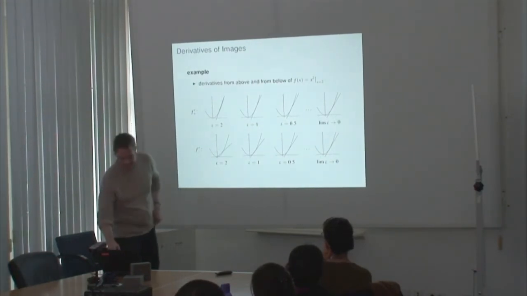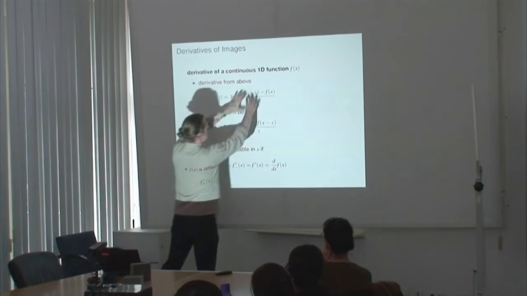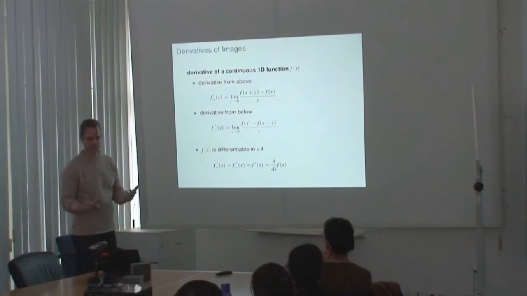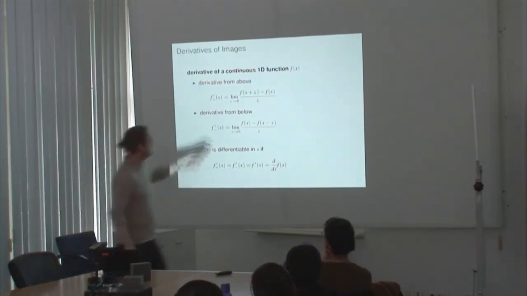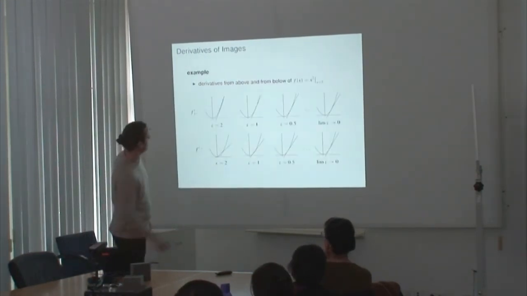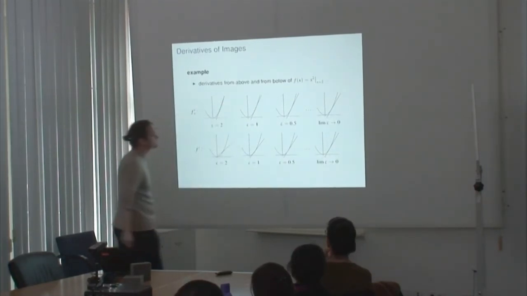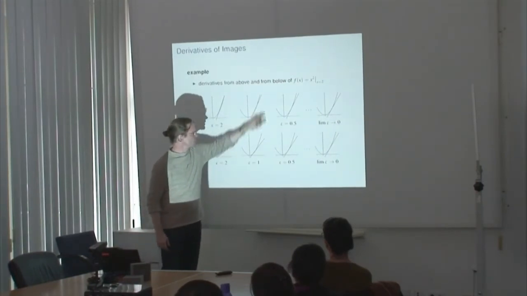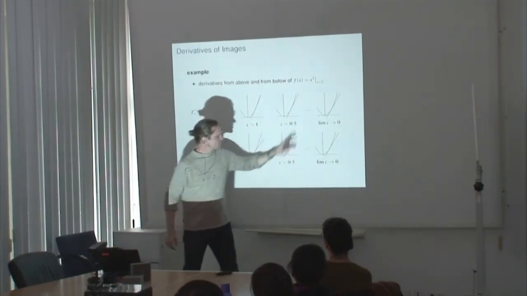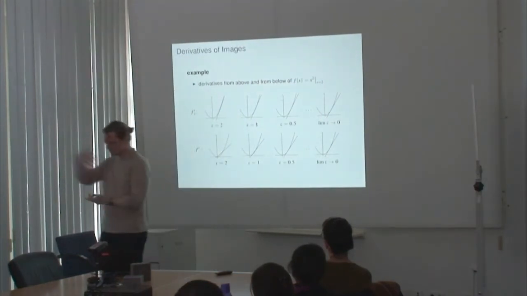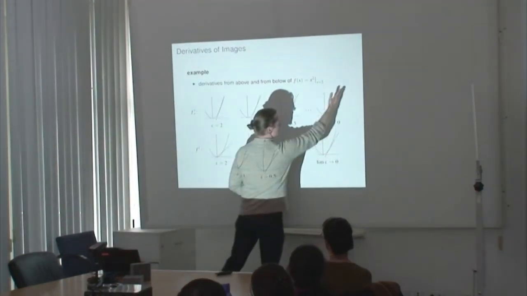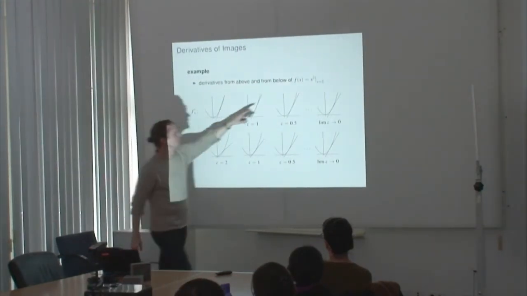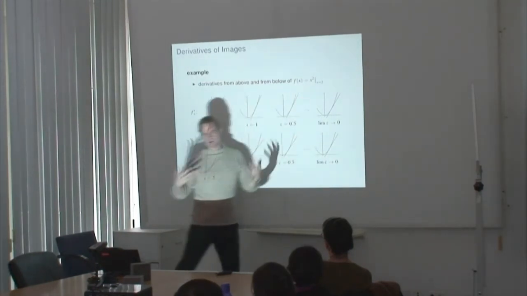And if I plot this function here, where I substitute 2 for epsilon, this is a linear function. If I plot it, it looks like this, right? If instead of 2, I would use 1 for epsilon, we get this function. For 0.5, we get this function. And if it becomes really small in the limit, we get this function here as the derivative of f of x equals x squared from above.